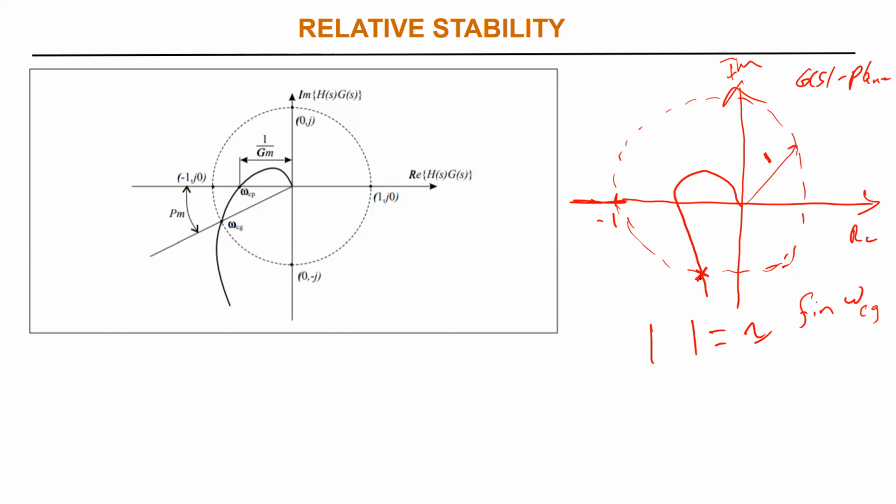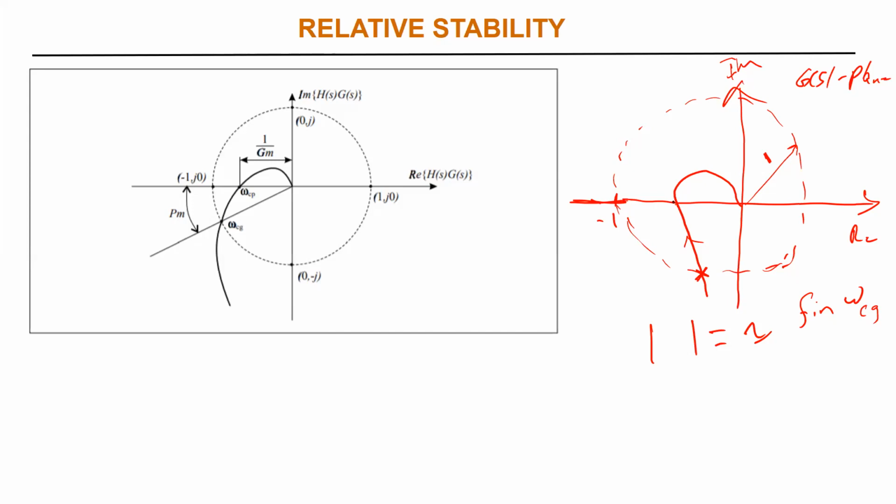What do you mean by making the phase minus 180 in the gain margin? This is the point. Remember the point, I am moving from here in this direction. What's the angle in here? Minus 180. Exactly, that's what we are saying.